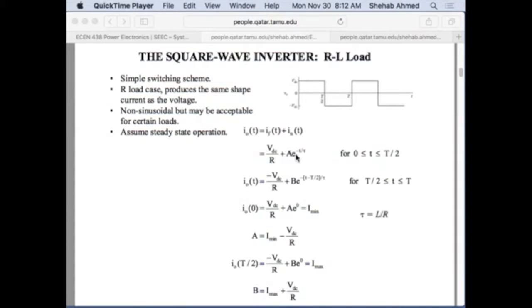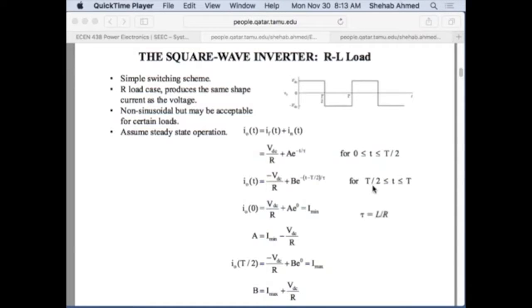Natural response is A e to the minus t over tau. That's between 0 and T over 2. You have one type of natural response for the circuit. And then at t equals 0, the current will equal its minimum value, so i of 0 is equal to I minimum. And then from here you can calculate the value for A and substitute it here.